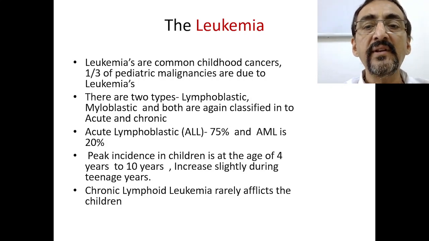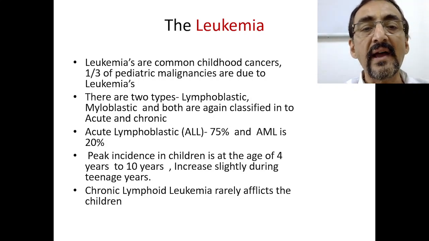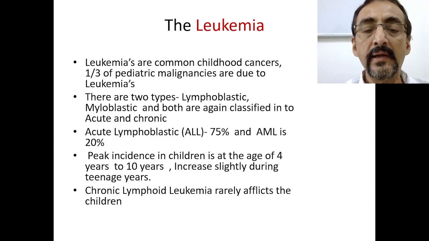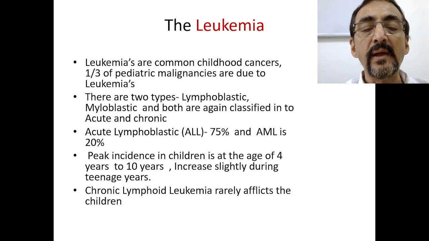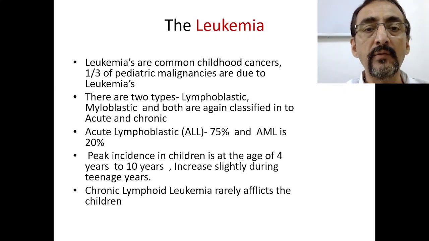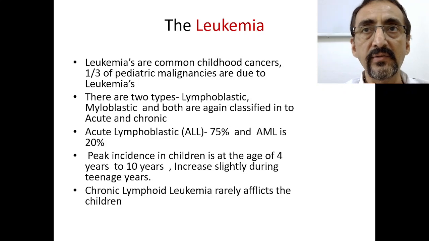Peak incidence in children is at 4 to 10 years, and it increases slightly during the teenage years. Chronic lymphoblastic leukemia very rarely affects children because it is a disease of adults.